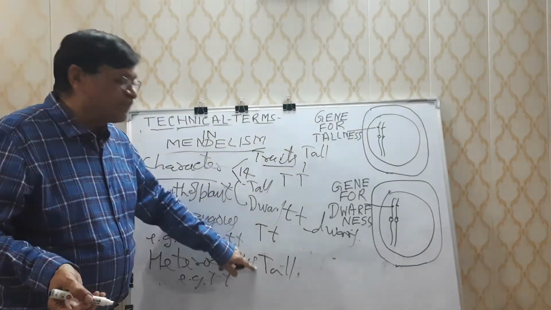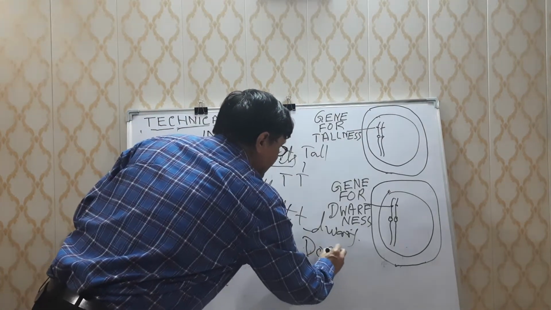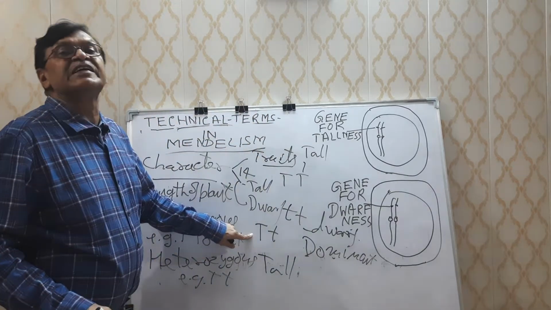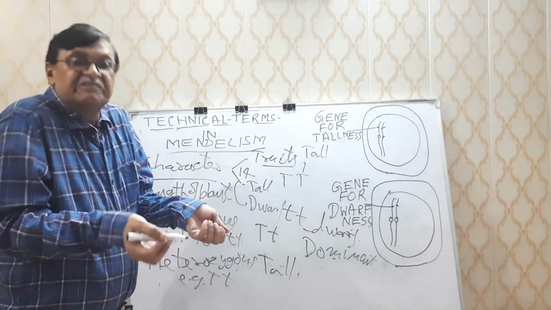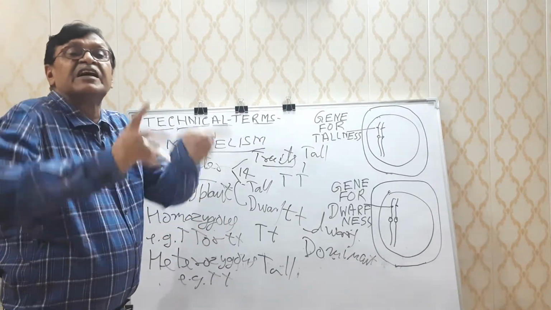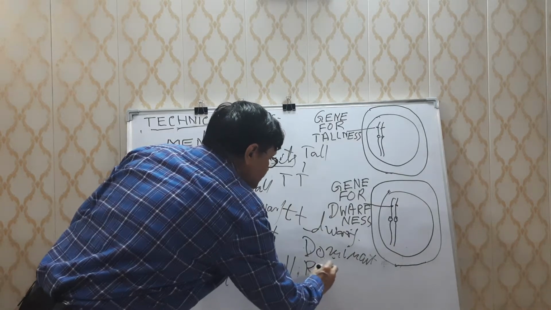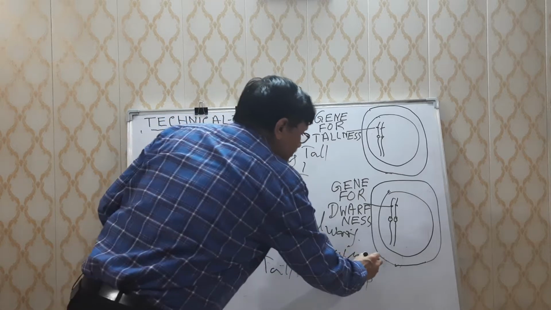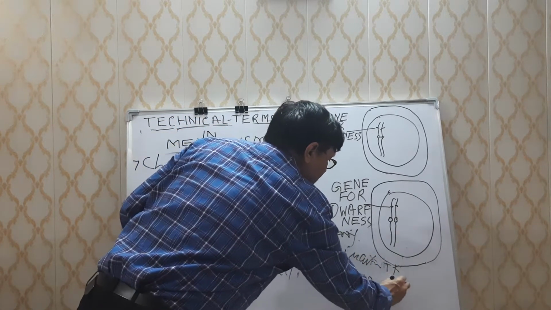So that factor which shows its effect is called dominant. For example, capital T is dominant. And the other factor which does not show its effect when both factors are present together is called recessive. The dominant factor is indicated by a capital letter, the recessive factor is indicated by a small letter.